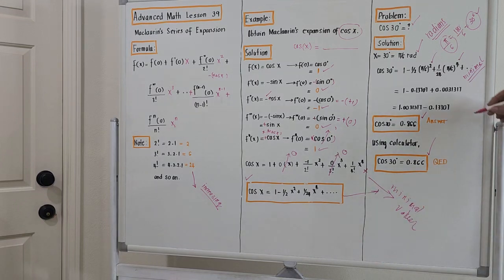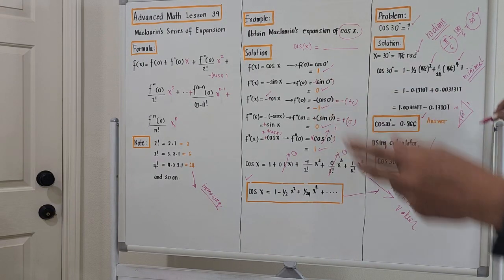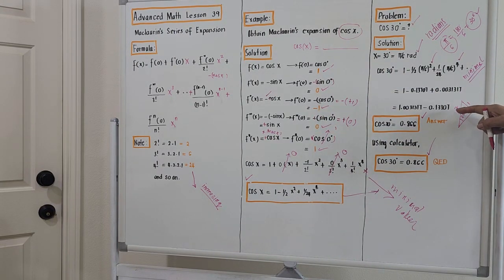Actually, 30 degrees is a special number, right? If this is 30 degrees, we know that sine of 30 is 1/2, right? That's trigonometry. Hypotenuse will be 2, opposite side will be 1, adjacent side will be 2 squared is 4 minus 1 is 3.